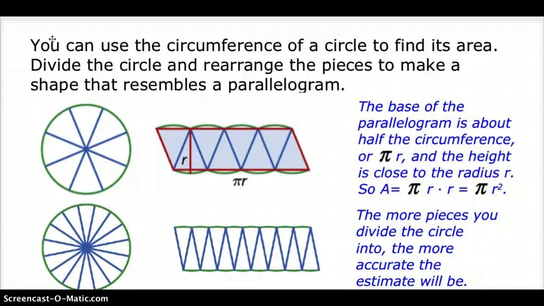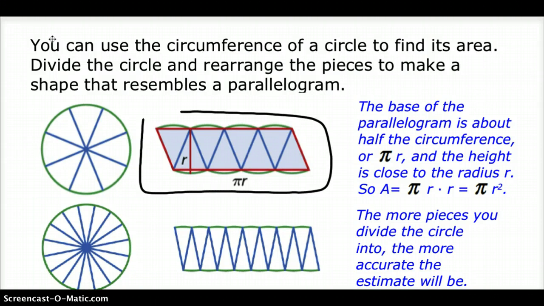So imagine if you have this circle, and you're going to cut it through its diameter, and cut it like a whole bunch of slices of pizza, and then you're going to arrange it to look something like this. You have opposite ends, and you match these lines up, and this is the picture that you'd end up getting.